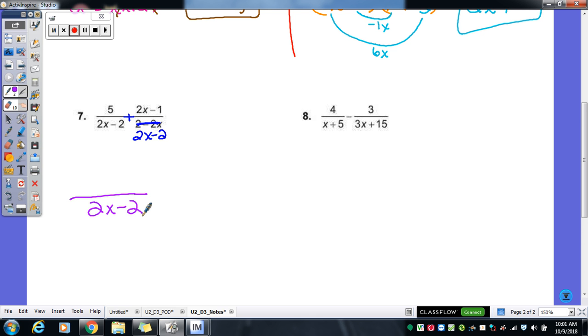So I've got 2x minus 2 as my denominator, so I'm going to keep that. And so now we're adding our numerators. So the only x's I have up there is that 2x. And then 5 plus a negative 1 would give us a 4.